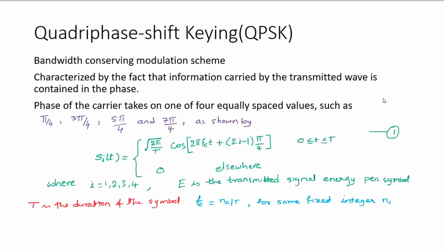One basis function, right? How could you define the 2 Eb by Tb? The basis function there was square root of 2 by Tb cos 2 pi fc t. Why have you chosen that?